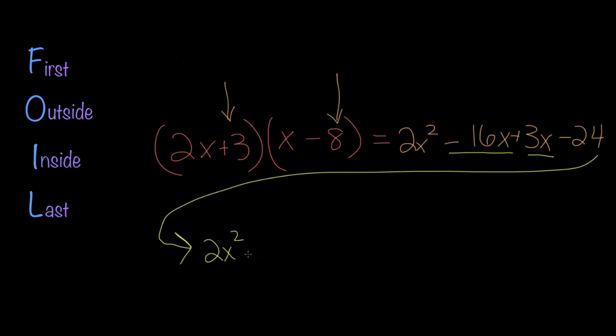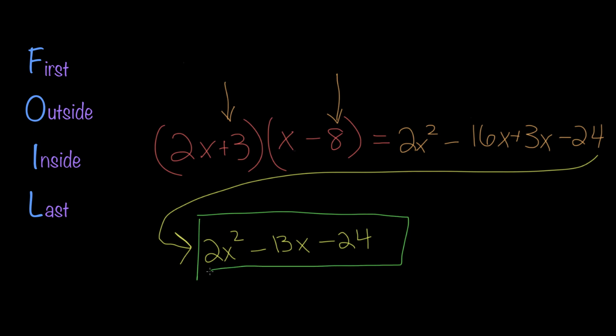So -16x plus 3x gives us -13x. Lastly, we have our constant or our number term, which is -24. And it doesn't seem that we have any more of those, so -24 can also be left as is, which gives us 2x squared minus 13x minus 24 as our final answer.